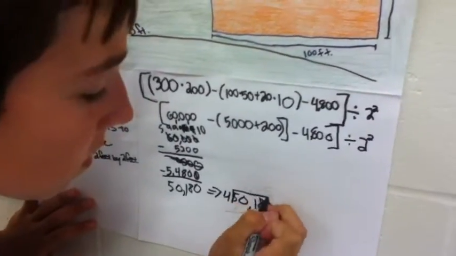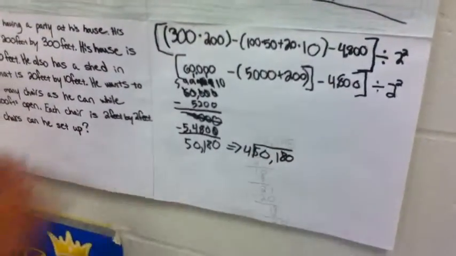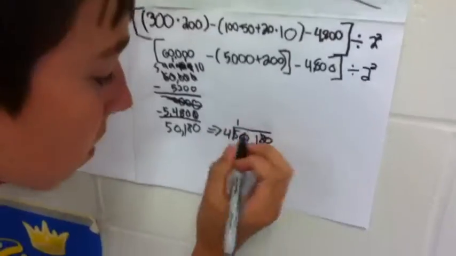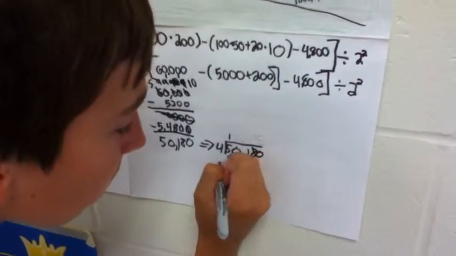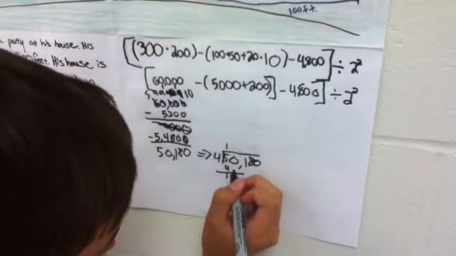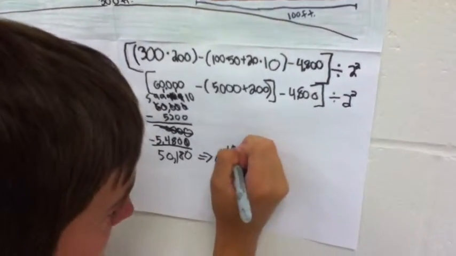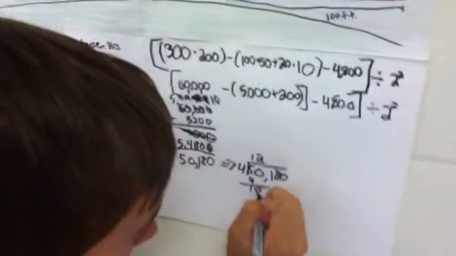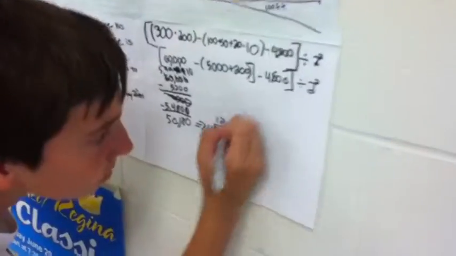Well, first, 4 goes into 5 once. So you put 1 on top, and then you would have 1 left. Then you carry down the 0, and 4 goes into 10 twice, which is 8. Then you have 2 left. Then you carry down the 1, and you divide that by 4, which is 5.